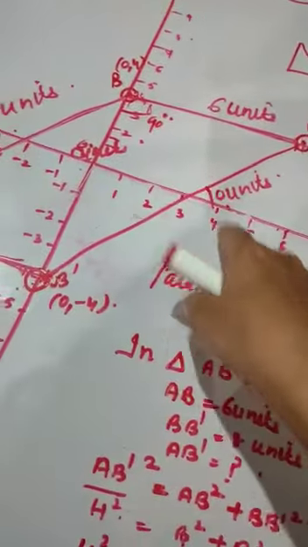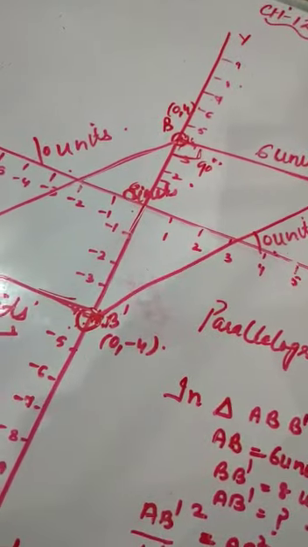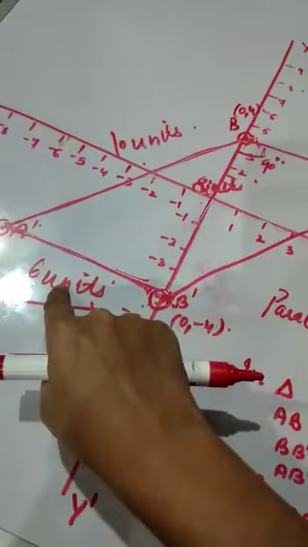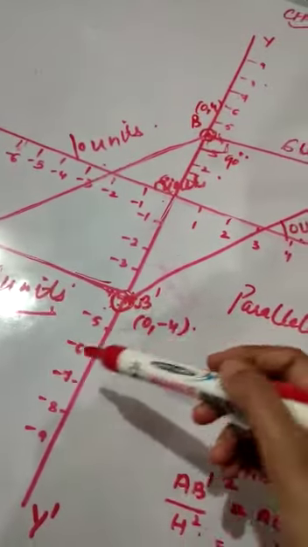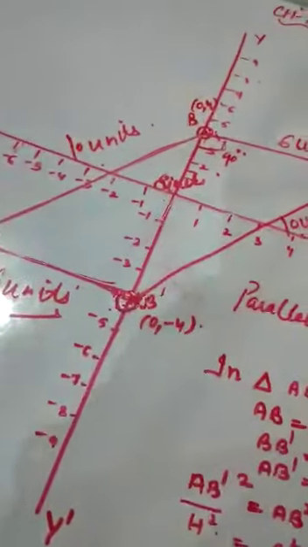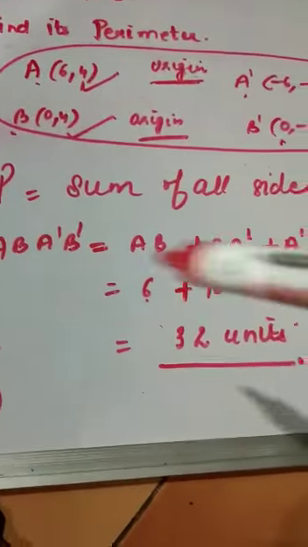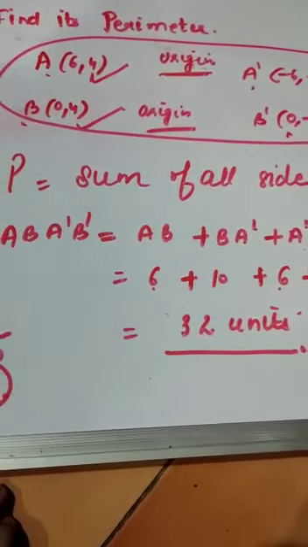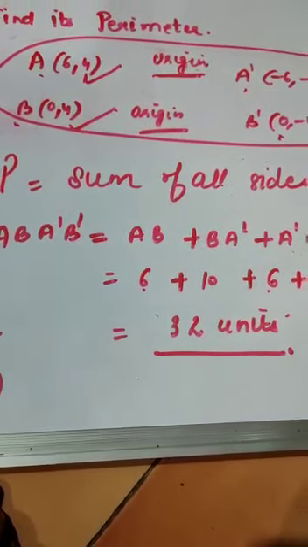If this is 10 units, this is also 10, because opposite sides are parallel and equal. This is 6 units, this will also be 6 units. Now we have all 4 measurements of this figure. So to find the perimeter, we added all the 4 sides of the figure, and we got the perimeter, that is 32 units.